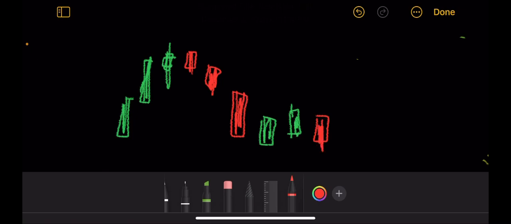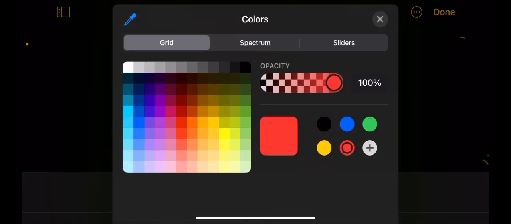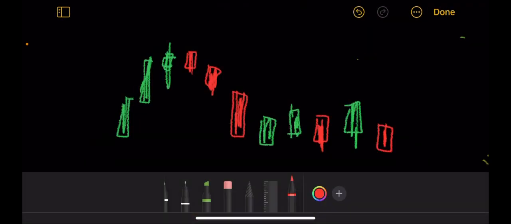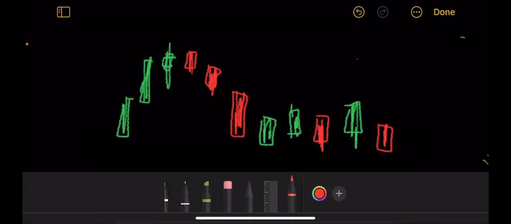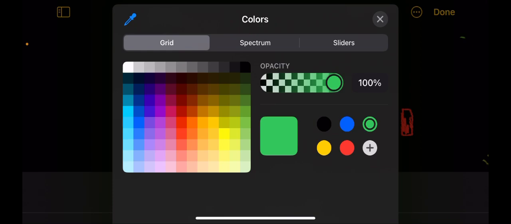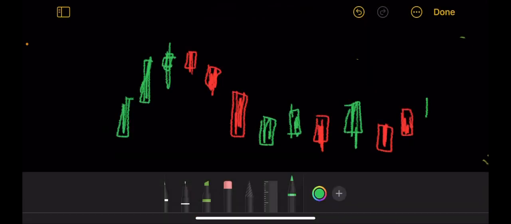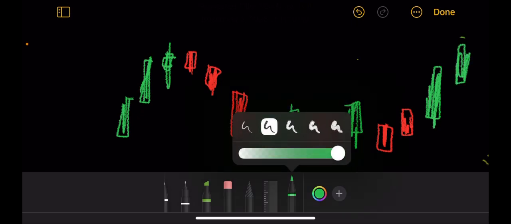Get some price action going. Get a little more wick. Okay, bam.